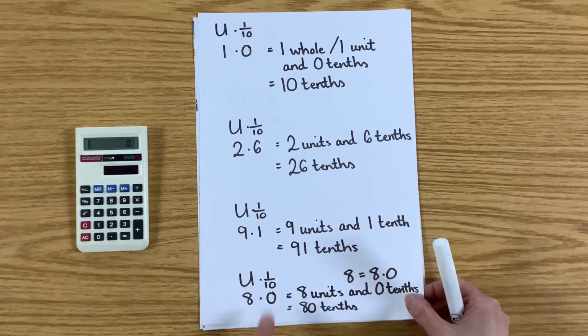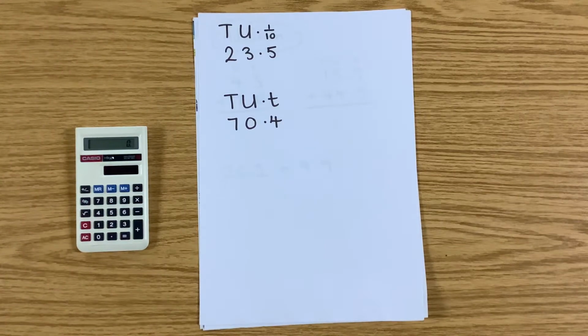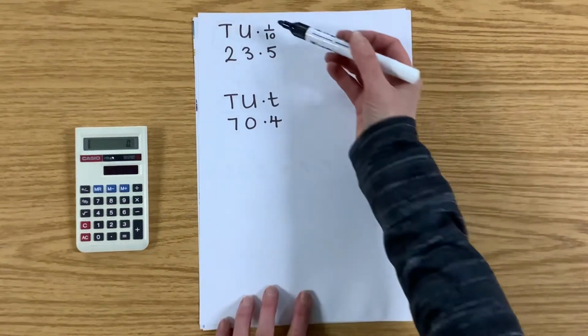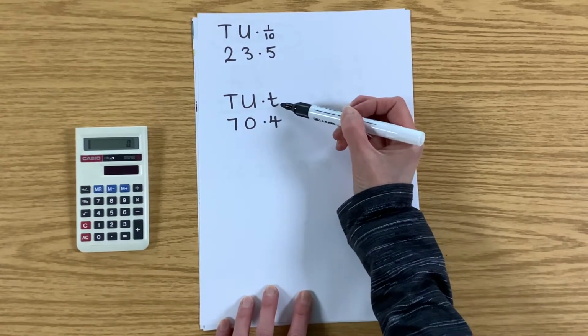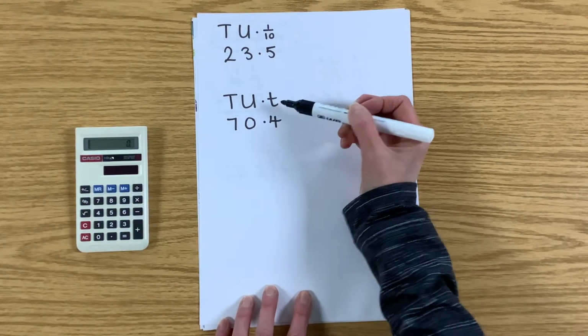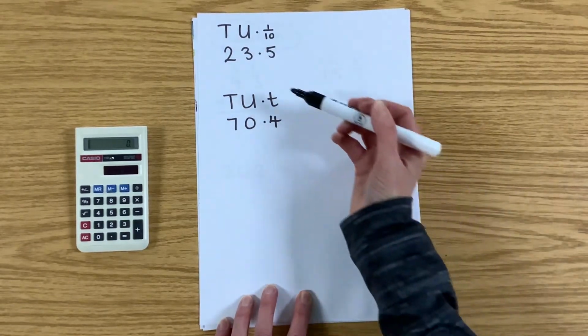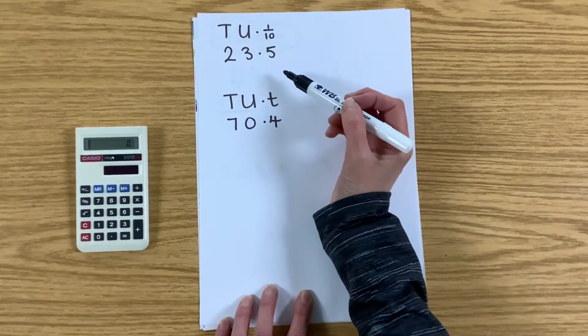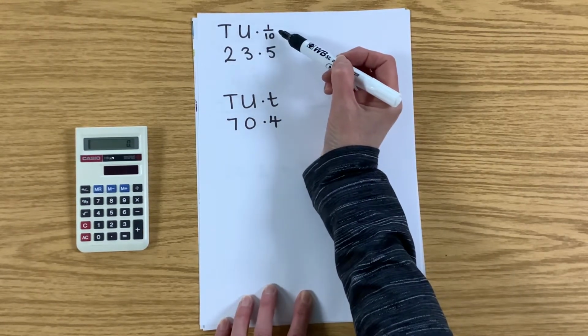Now, that number after the decimal point, the tenths number, sometimes we'll write tenths like that, but sometimes we'll put a small t. If we start getting into our bigger numbers, our tens and units and tenths numbers, it's really important that we understand the difference between tens and tenths.